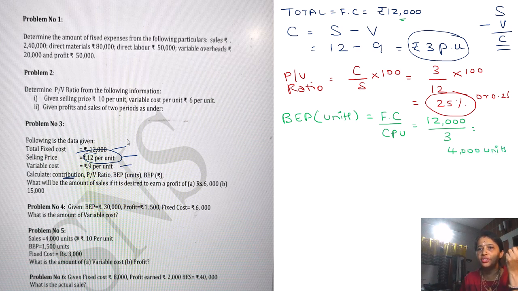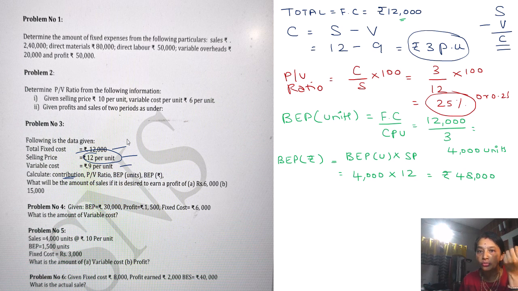Now if you have to find out break-even point in rupees, you can take break-even point in units, 4,000 units, into your selling price per unit, rupees 12. So your break-even point in rupees is rupees 48,000.